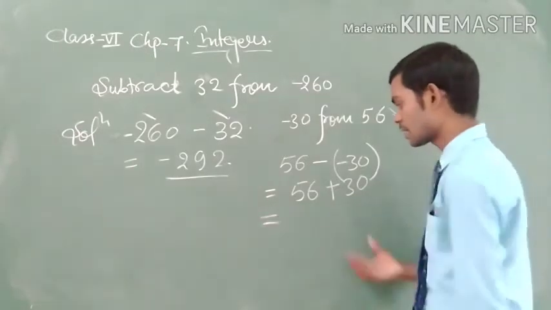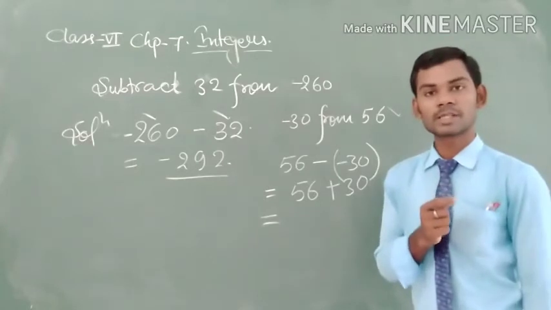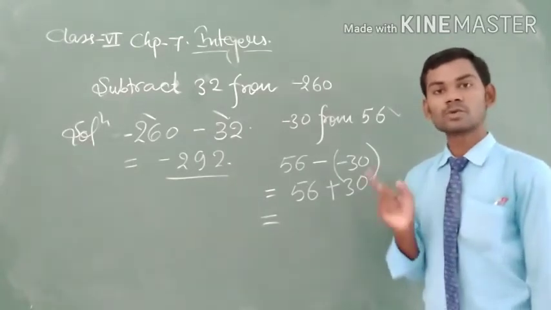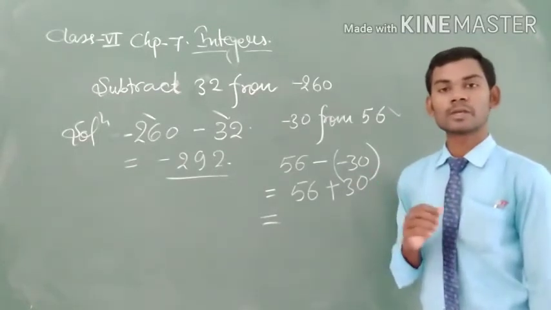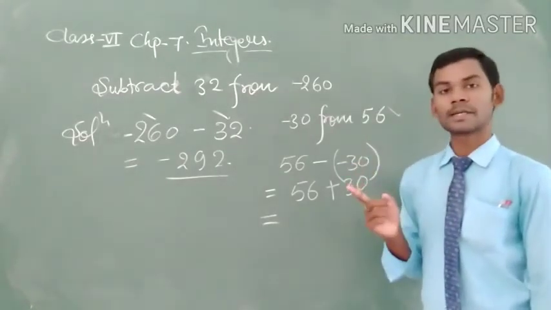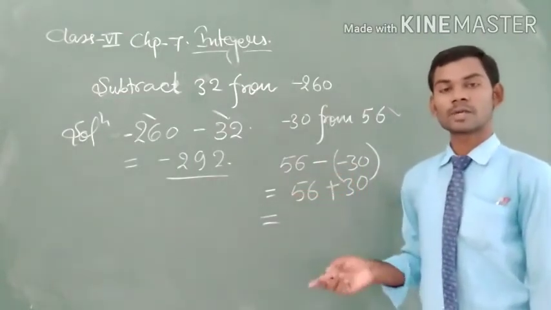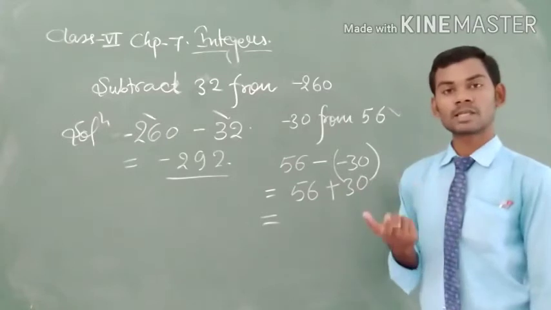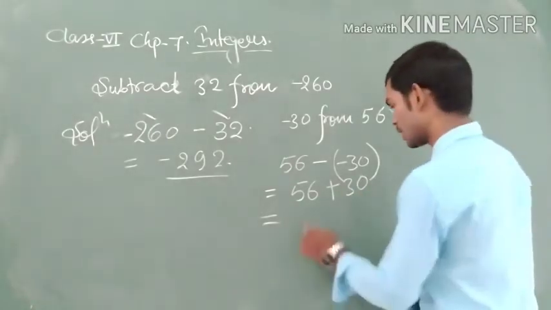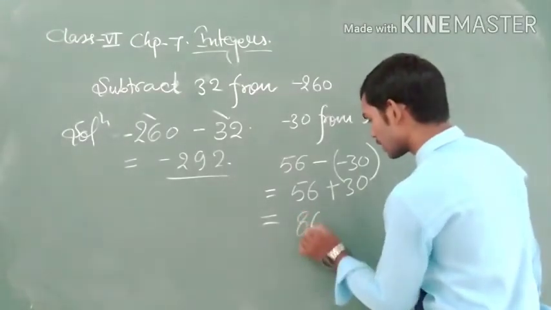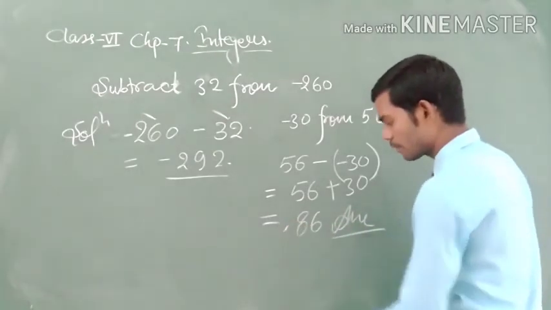And here we can see that finally both numbers have the positive sign. As in the previous question we saw that both numbers are negative and therefore they became added, similarly here both numbers have the same sign, therefore they will also be added. And when we add them we get 86 as a result with the sign of plus.